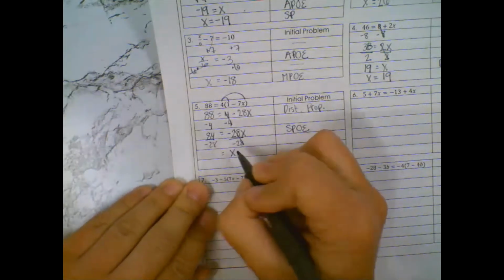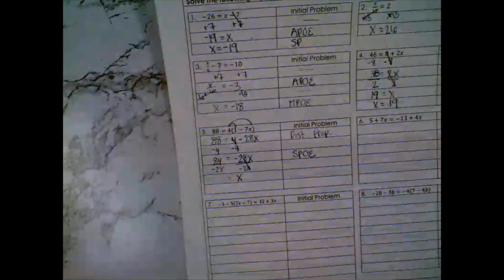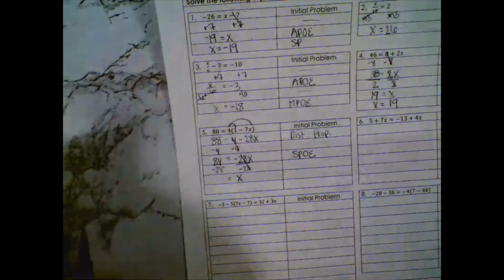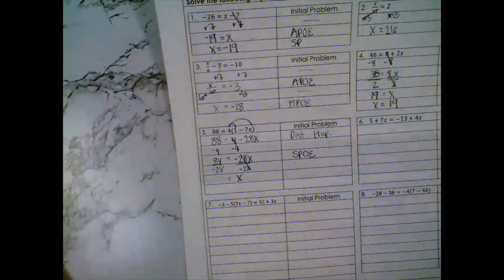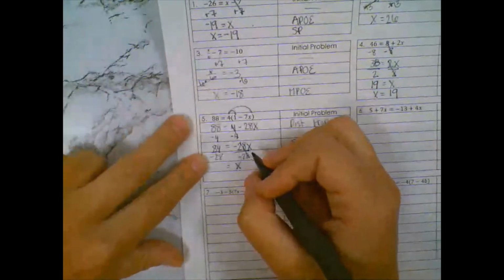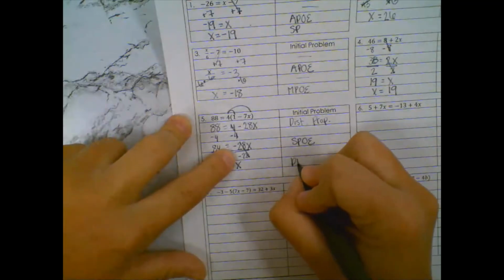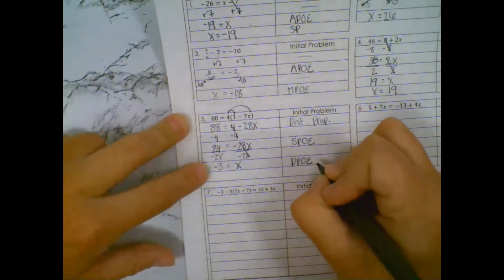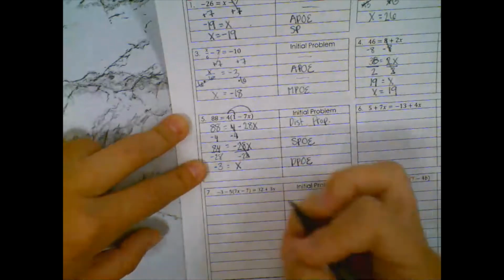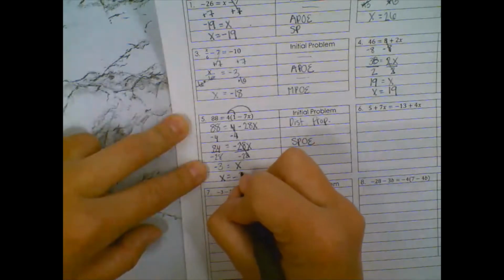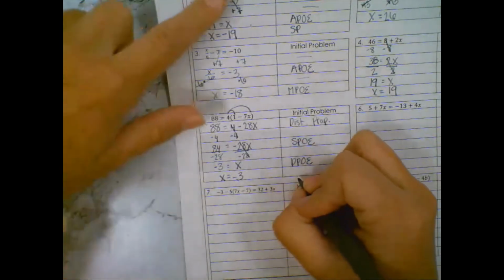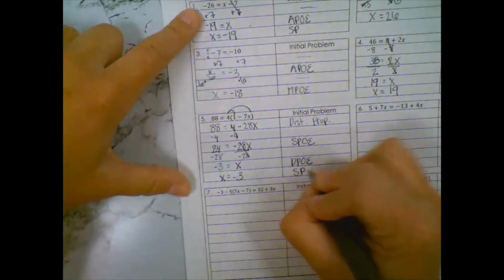Here the x will cancel, and then 84 divided by 28, we get a negative 3 because of that negative sign here, so negative 3. I use division, so division property of equality. And the last thing, this needs to flip around, so I get x equals negative 3. And whenever I flip around, that's by symmetric property.